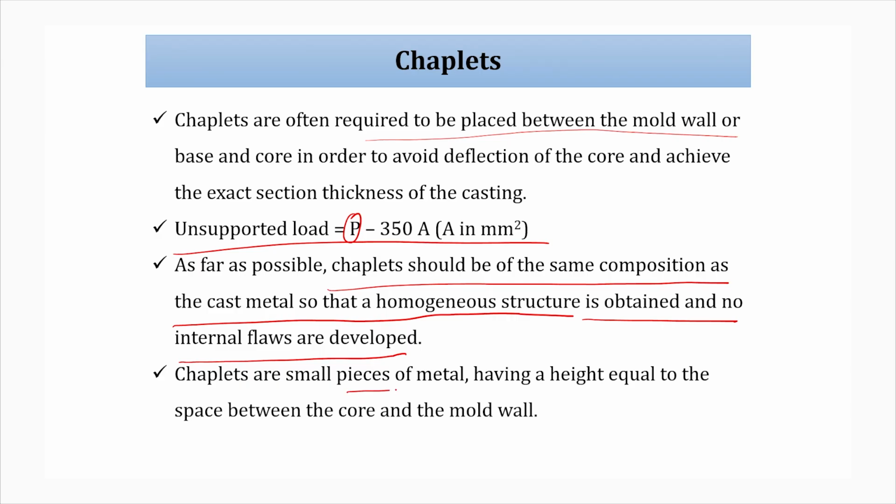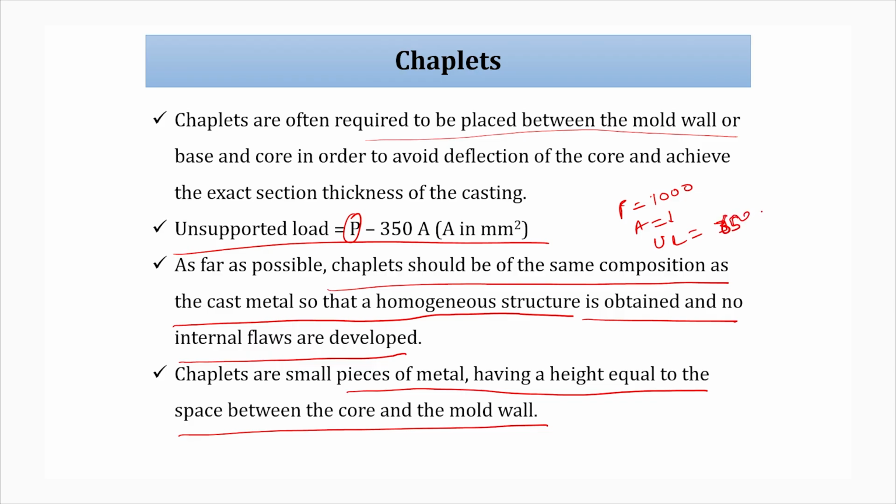Chaplets are small pieces of metal having a height equal to the space between the core and mold wall. Based on that, you can design your chaplet and the number of chaplets. Let's assume your P is 1000, A is 1, and the unsupported load is 650 Newton, and one chaplet can take 130 Newton.